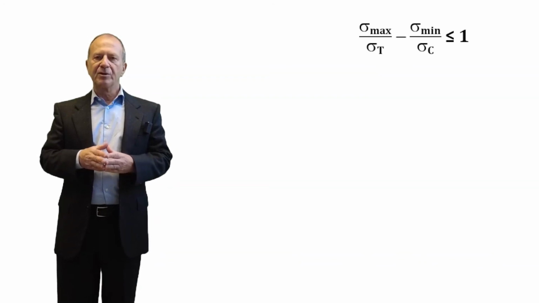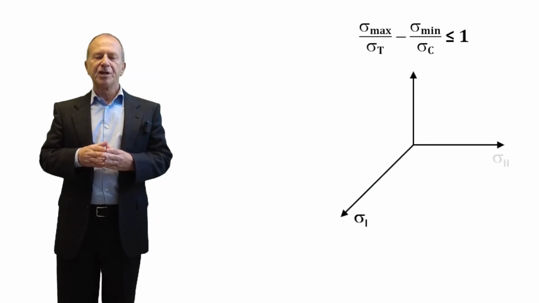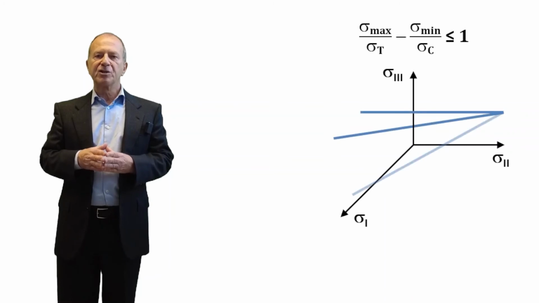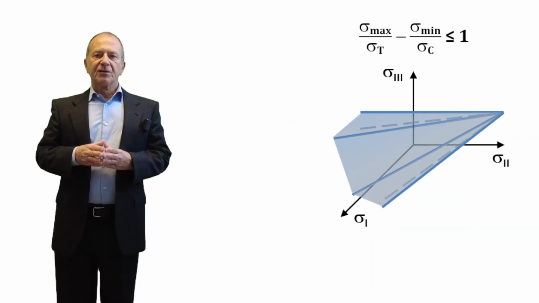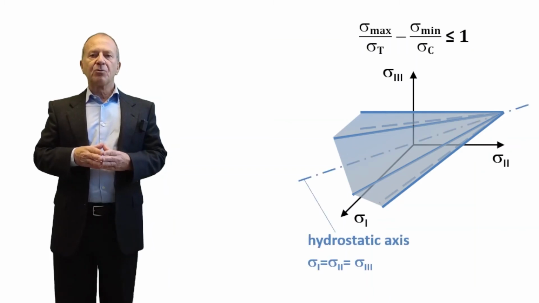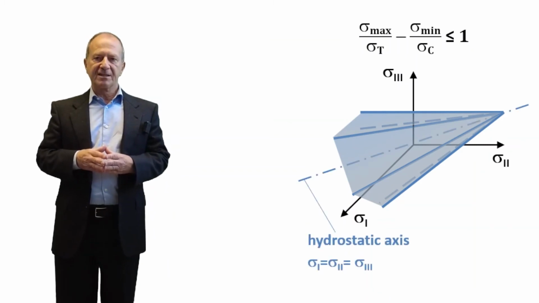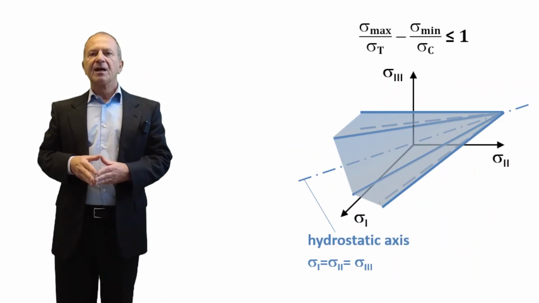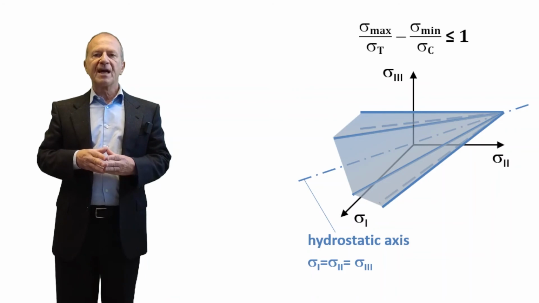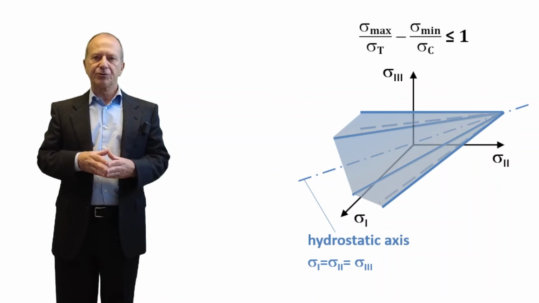And these inequalities define a domain in the shape of a pyramid in the space of the principal stresses. The vertex of the pyramid is on the so-called hydrostatic axis, defined by sigma 1 equal to sigma 2 equal to sigma 3, and the domain is open on the side of the negative hydrostatic stresses.